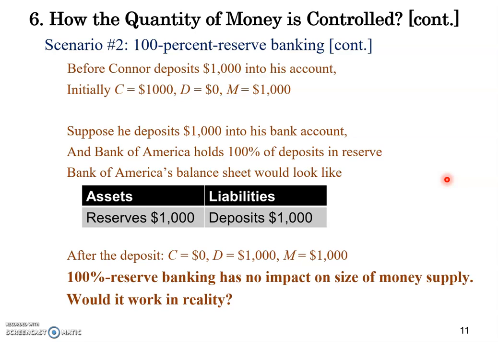If they keep every dollar they received as a deposit in its office, there's no way that these banks would survive. They cannot generate profit, so they have to lend the money out. If not all of them, they would probably lend out as much as possible.